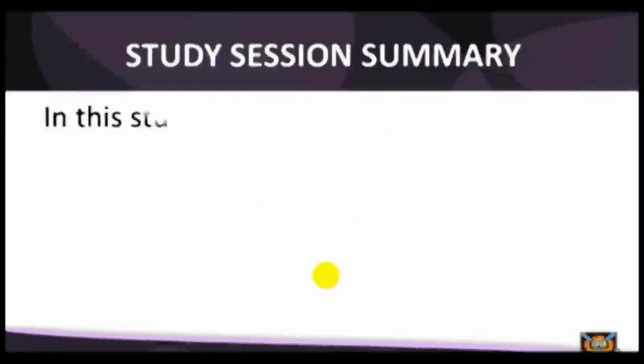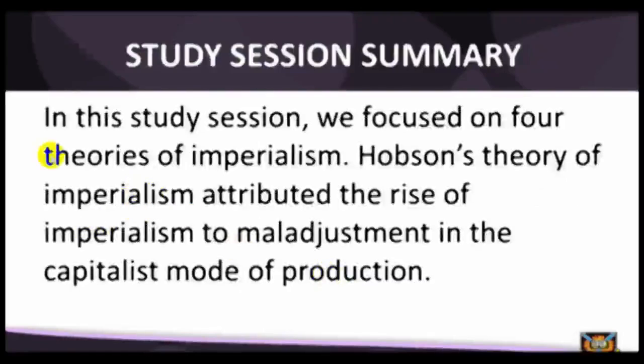Now, so far in this study session, we were able to focus on four theories of imperialism. Hobson's theory of imperialism, which attributed the rise of imperialism to maladjustments in the capitalist mode of production.